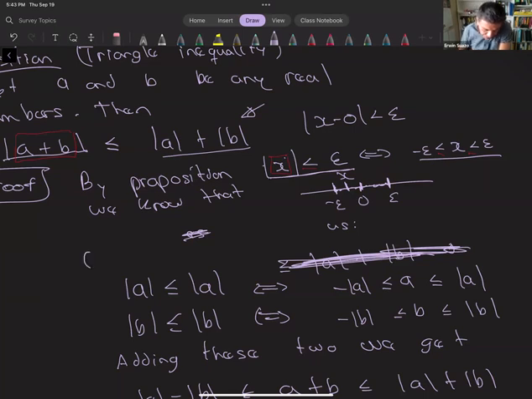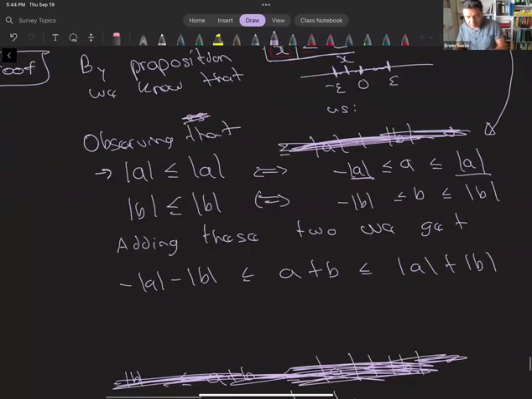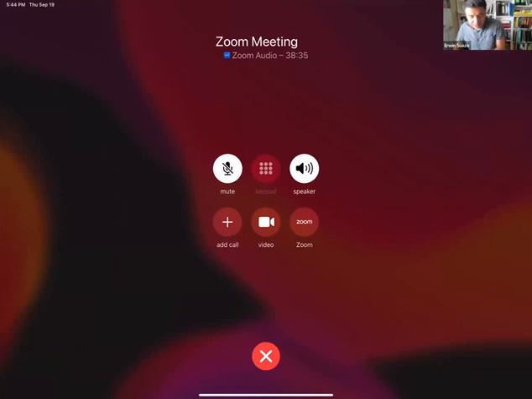And now we said, observing that the absolute value of A is less or equal to the absolute value of A, right? If and only if this is true by this proposition. And we apply the same proposition to the absolute value of B. And then we add them together, you get that, and you get this.